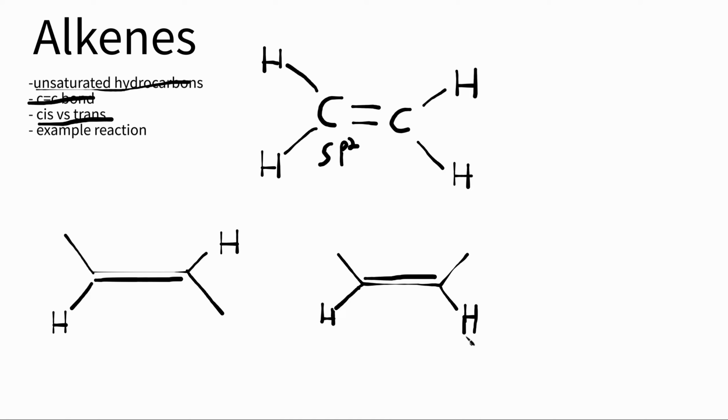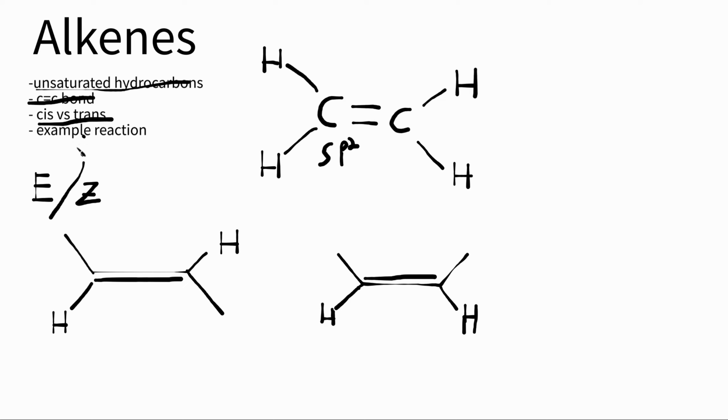They're also designated as E and Z. Those come from the German words entgegen and zusammen. Entgegen means opposite, so trans and entgegen are the same.